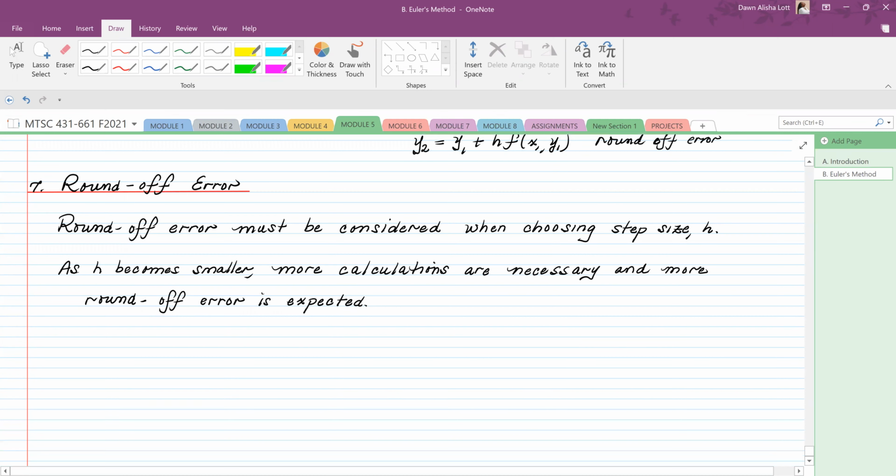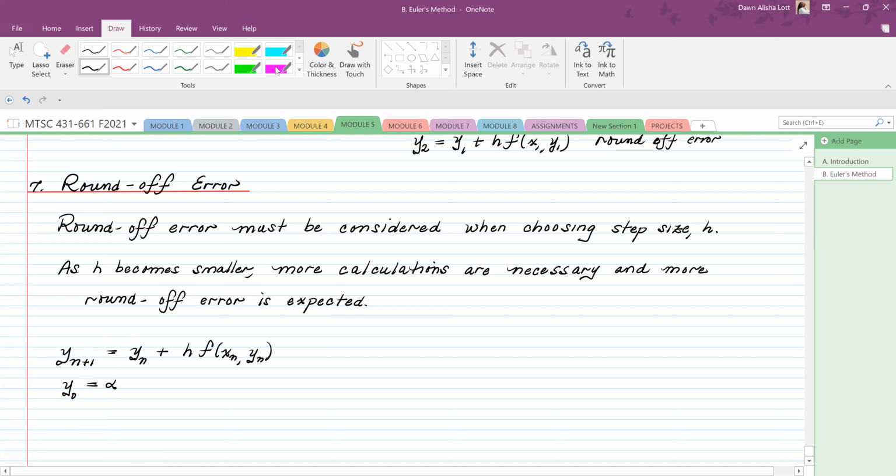Okay, so let's look at this solution. So here is what we have. y_{n+1} is equal to y_n plus h times f of x_n, y_n. And then y of x naught, y naught, is equal to some number alpha.